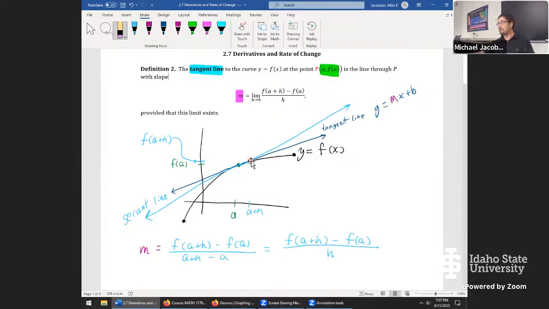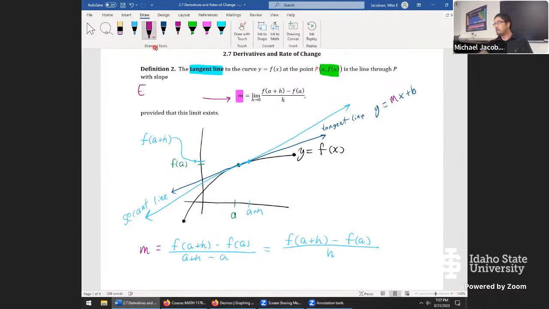That means this blue dot gets closer and closer to overlapping with the other darker blue dot, where the tangent line is based on. We don't care about it obtaining a exactly. We just want to know what happens when it gets closer. What does its value turn into in the limit? And it turns out that right there is exactly what we wanted. That's the slope of the tangent line right at that location.